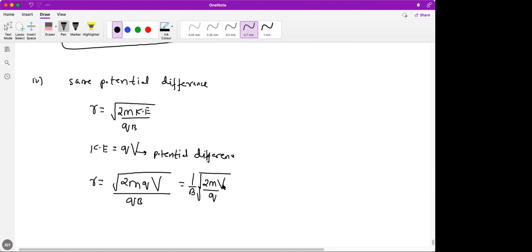V is same for all particles, so it gets cancelled out. Radius of proton, radius of neutron, and radius of alpha particle.